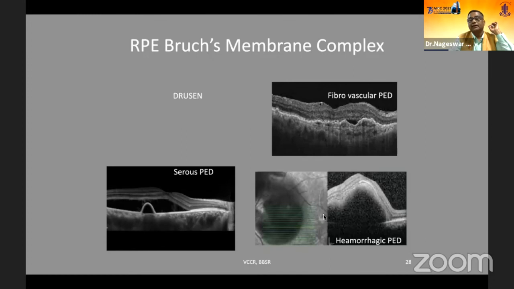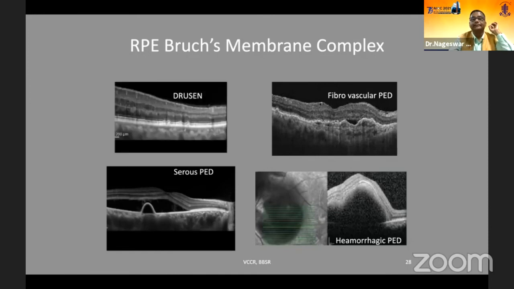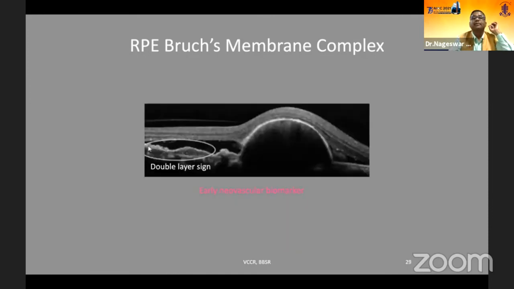And here, very bright, homogeneous reflectivity subretinally is more in favor of a hemorrhagic PED. So in doubtful situations, it may be a serous PED, maybe benign, or a fibrovascular or hemorrhagic PED, which is more dangerous. We have to treat.